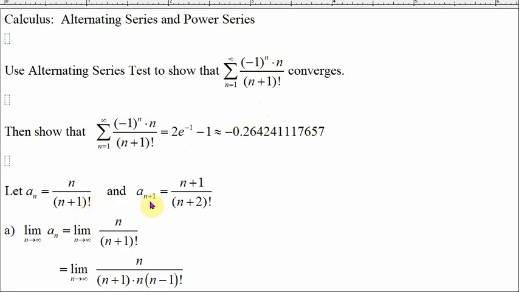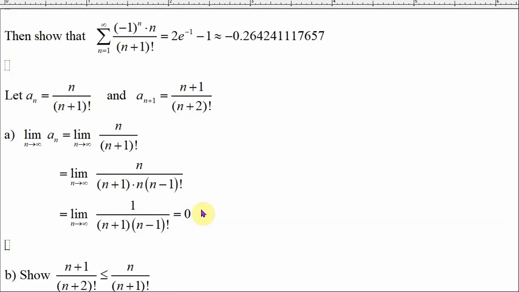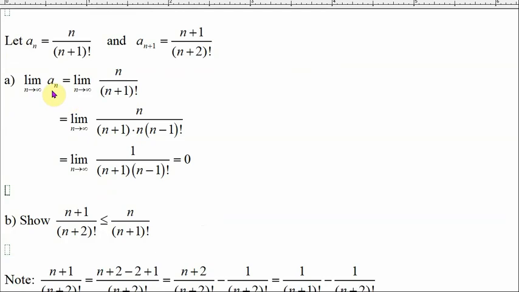So we have a sub n plus 1 is (n plus 1) over (n plus 2) factorial. And now we need to show that the limit of a sub n is equal to 0. The limit of a sub n, which is the limit of the expression n over (n plus 1) factorial, but (n plus 1) factorial we can write as (n plus 1) times (n minus 1) factorial.